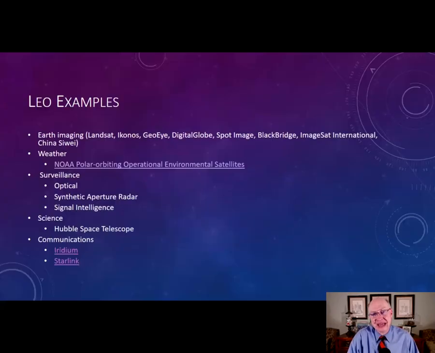Signal intelligence satellites are satellites that are bristling with antennas, and they're listening for all kinds of analog and digital communications. Of course, a significant part of any military organization is communicating with soldiers in the field and with other units, and the goal here is to spy on all of those military and government and even commercial communications.